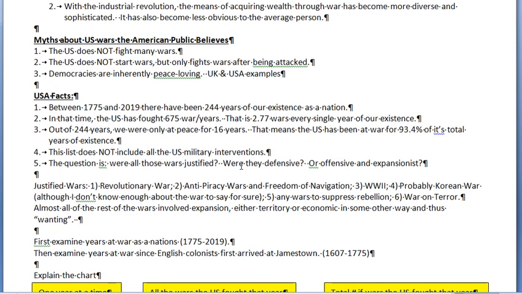Were they really defensive wars, or were they offensive and expansionist? Now, I know people are going to debate. They're going to say, well, the Indians started these wars, right? They attacked us first. Well, whether or not they attacked Americans first, those Americans were moving on and occupying their land, right? We were expanding. They weren't expanding.